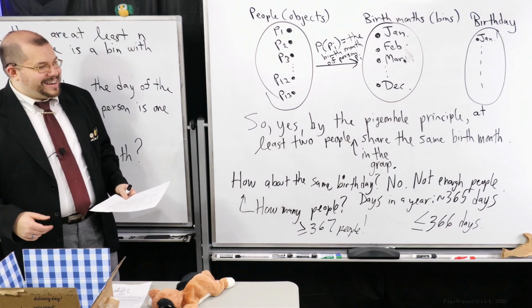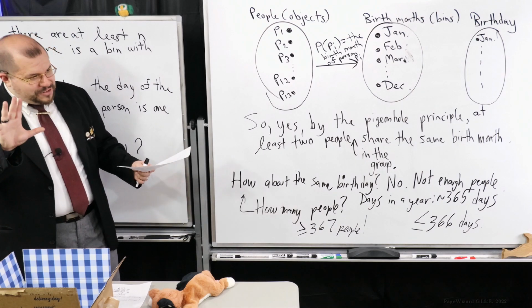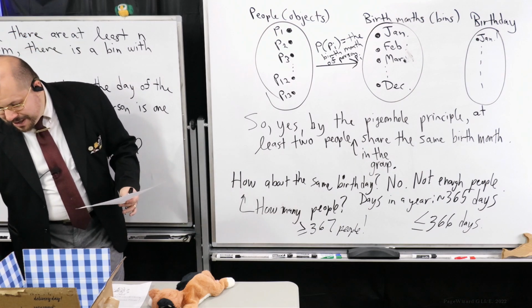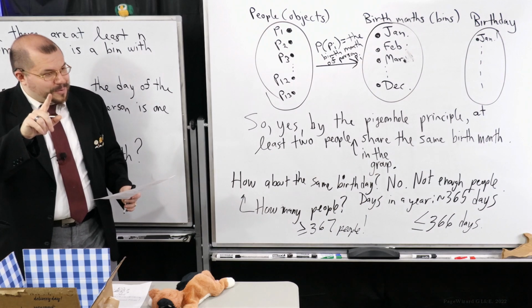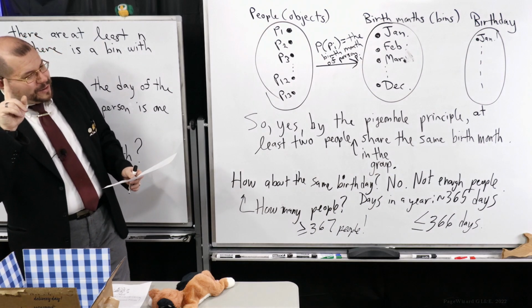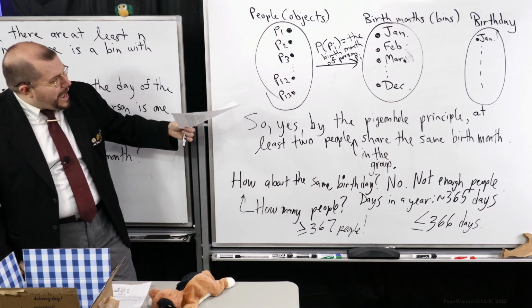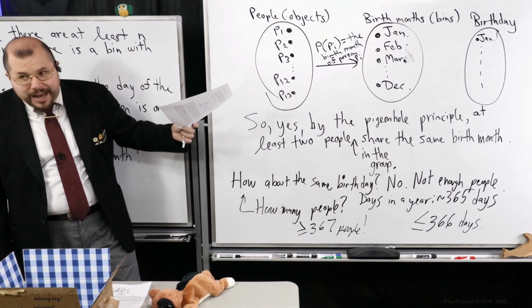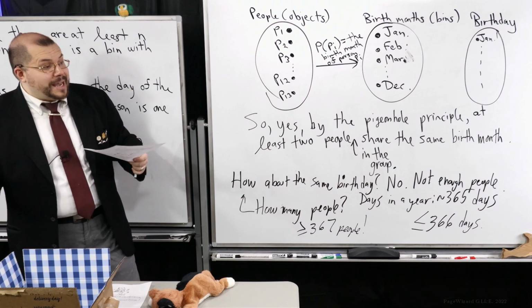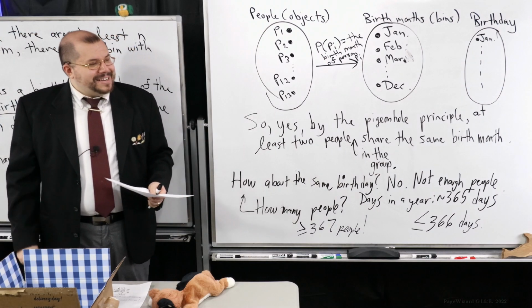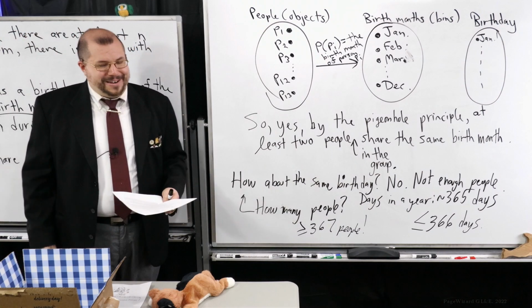Pretty nifty, right? So do you notice the exercise is quite simple? But you have to be very careful, because remember, it's the kind of relationship that exists here. Every person has a birthday. Every person has a birth month. Every kitty has a box. That's what we're talking about here.